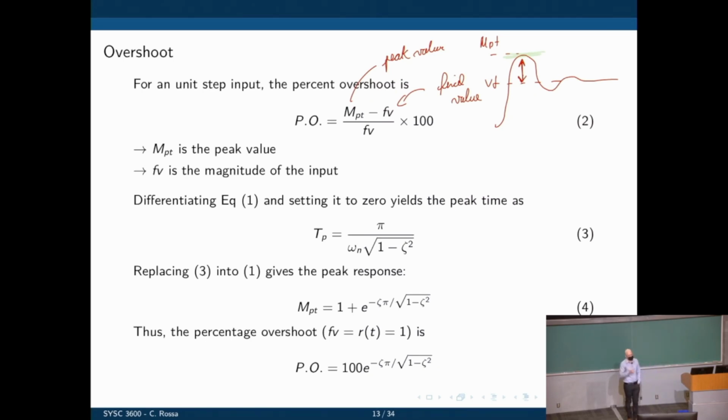So if we find the time that satisfies that equation, that time is the peak time given in equation 3. Now if you want to know the value of the function at that time, simply evaluate y of tp. I plug the value of the peak time back into the equation, and the result is equation 4. This is the magnitude of the function at its peak time, where its derivative is 0.